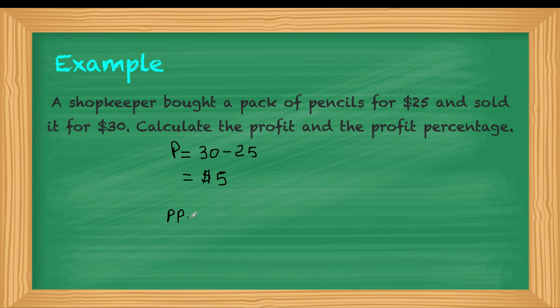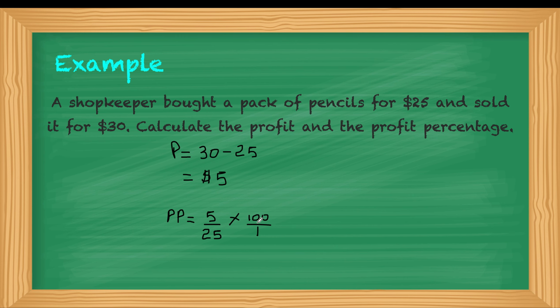Great. Now, for the profit percentage, I'm going to put PP, that's for shortening. And then remember, we find the profit percent by profit over cost price multiplied by 100. So our profit now is $5. Our cost price is $25. Excellent. And we would multiply all of this by 100. And because we are working with fractions, we can put 100 over 1 to put it in a fraction form.